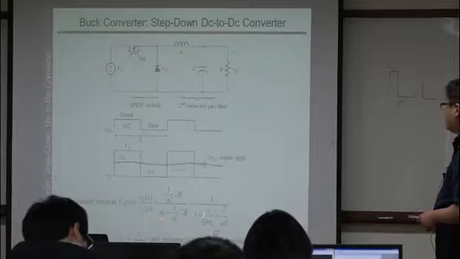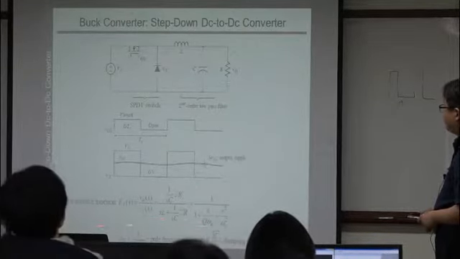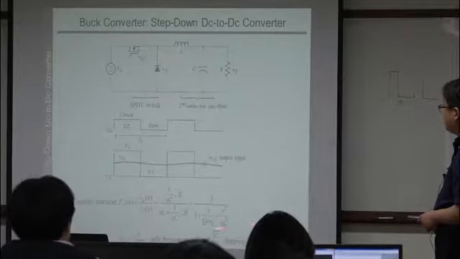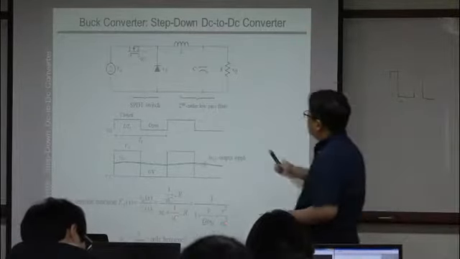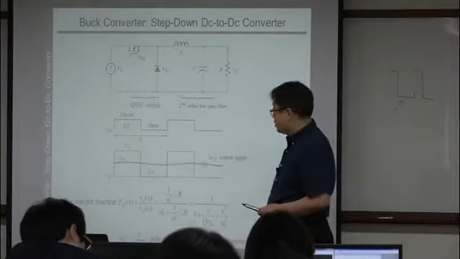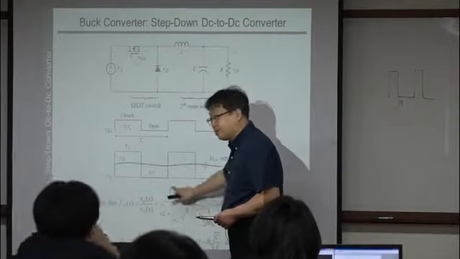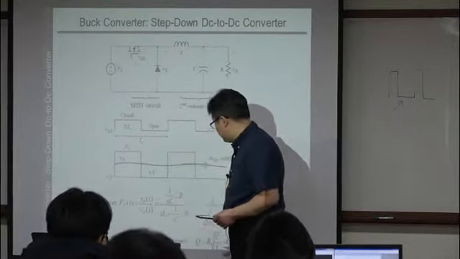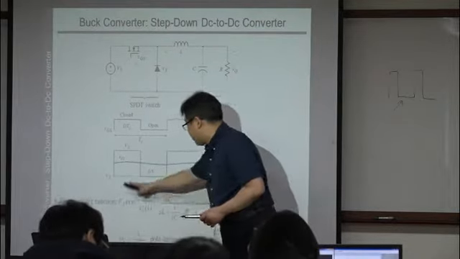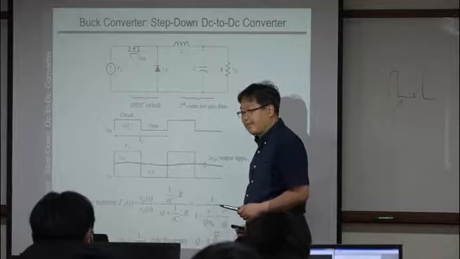Then if you obtain the transfer function, you can simplify it like this. This is a simple LCR circuit, and here C and R are parallel. By calculating this equation, you can simplify it like this.